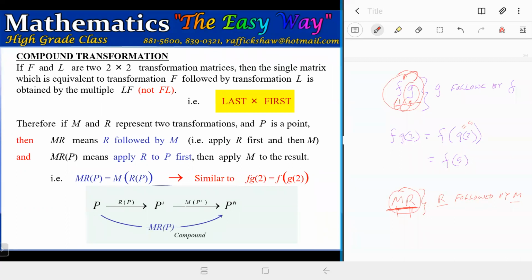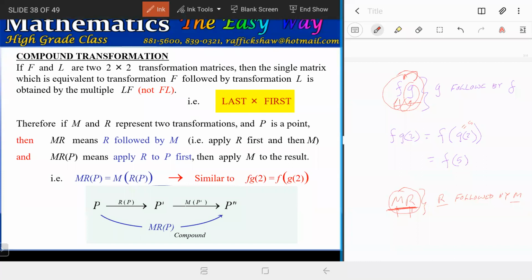But if you want to do it in one single step, with a single matrix, instead of using 2 matrices, R and then M, you can use a single matrix, which you get by multiplying the M times the R. When both of them are 2 by 2 matrices, you multiply the M matrix by the R matrix and you get one single matrix.